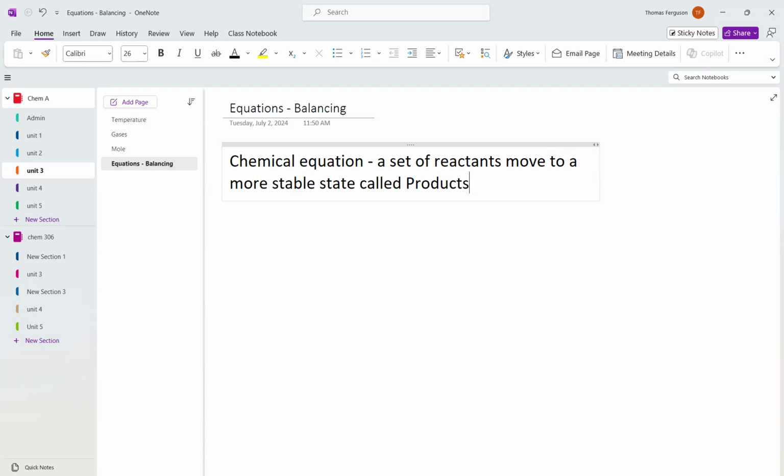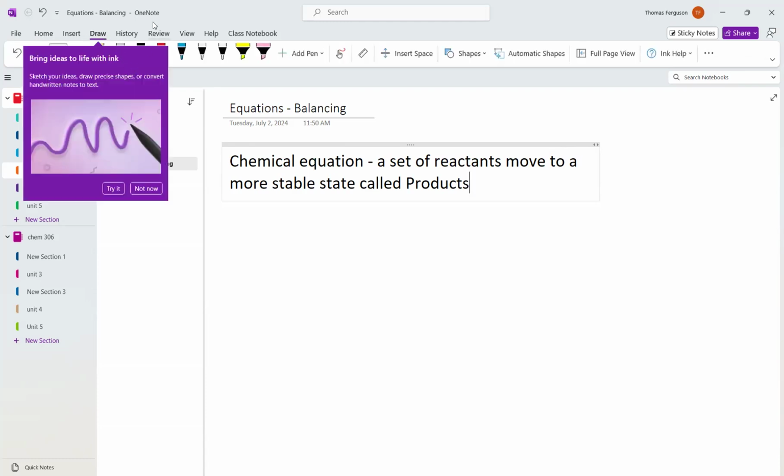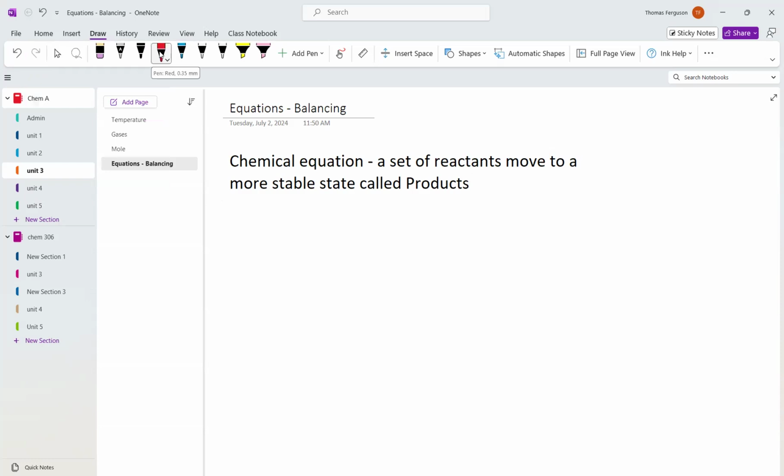Okay, so what's a chemical equation? You have a set of reactants. Reactants, that's what you start with.